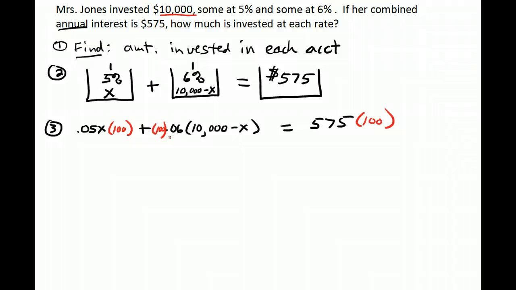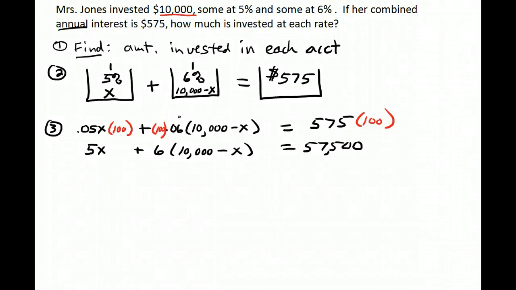Now notice that in this second quantity, I already had a product, 0.06 times this quantity. So when I multiply by 100, I multiply into that quantity. I don't multiply all the way through. So what I end up with is 5x plus 6 times the quantity 10,000 minus x equals 575 with 2 zeros on the end of it, 57,500.